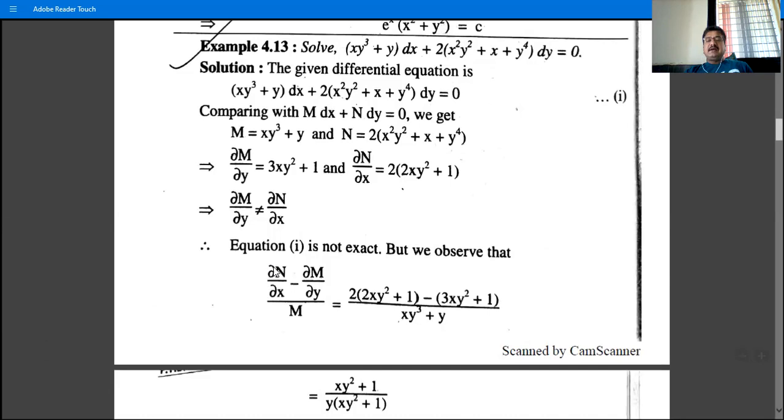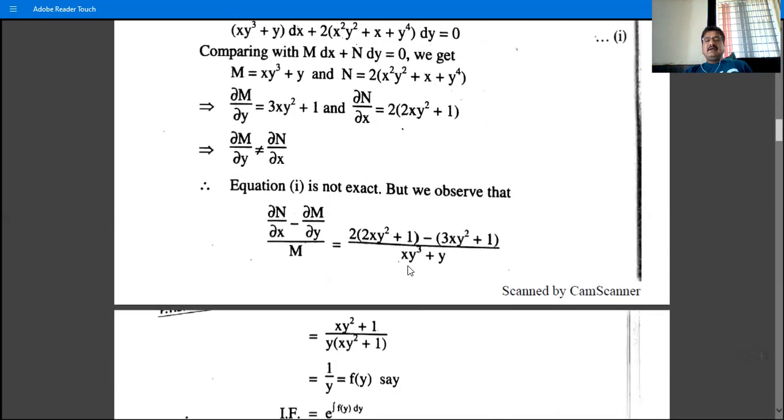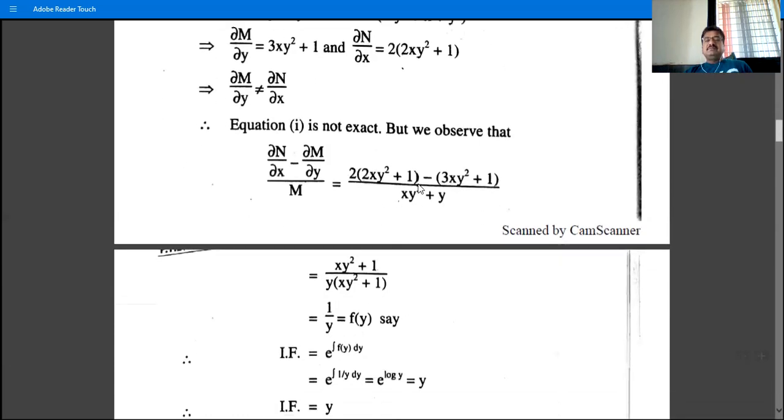But we observe that (del N by del x minus del M by del y) divided by M. So del N by del x is 2(2x square plus 1) minus del M by del y, divided by x y cube plus y as M. Then the simplification is 4xy square minus 3xy square becomes xy square, and plus 2 minus 1 becomes plus 1, divided by taking y as common.